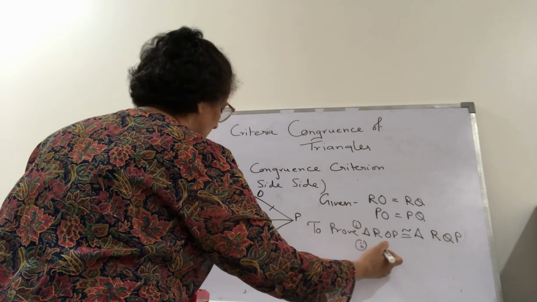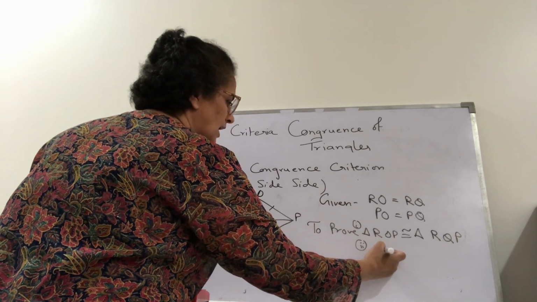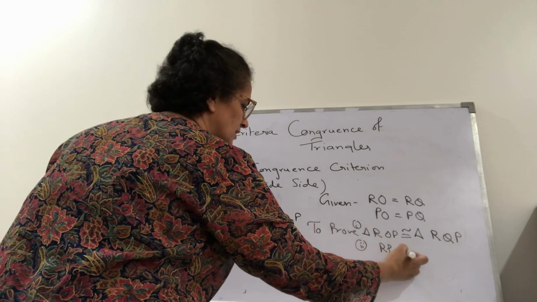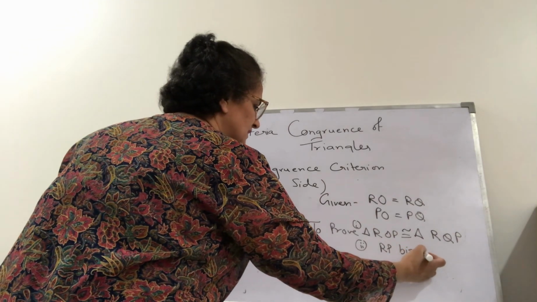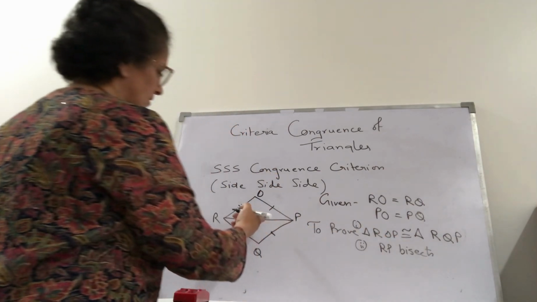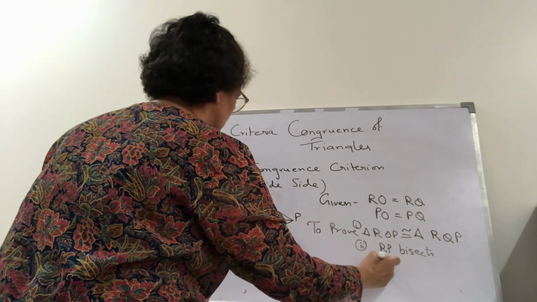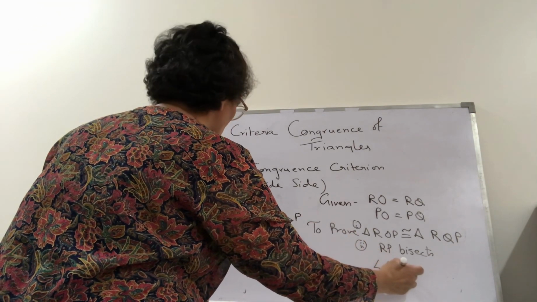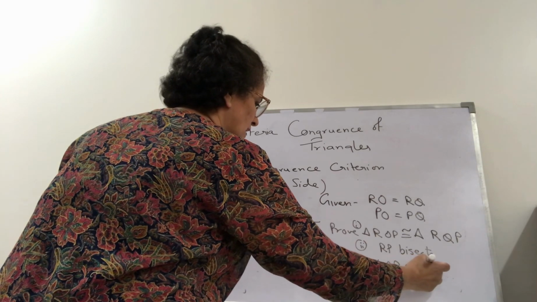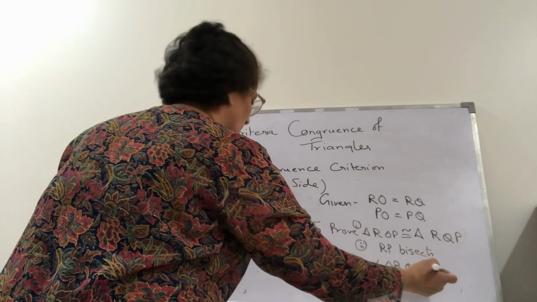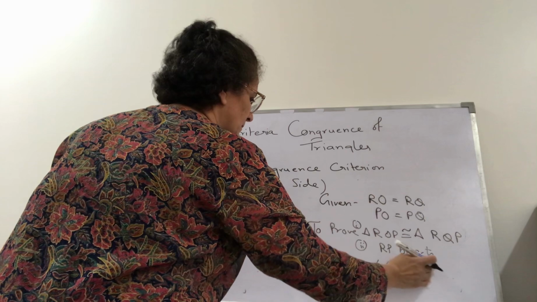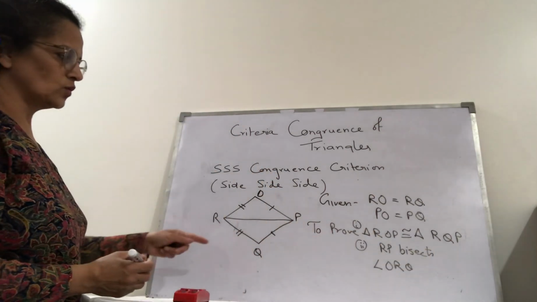Second, they are asking: RP bisects, let me take this as angle ORQ. RP bisects angle ORQ.